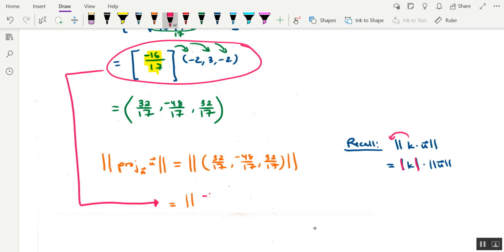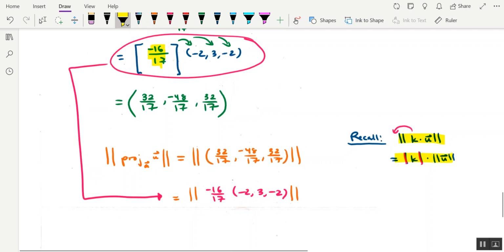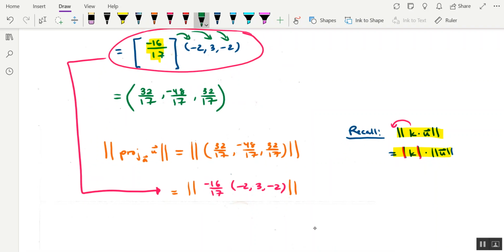So we have negative 16 over 17 times the components negative 2, 3, and negative 2, which would allow us to apply the formula in the recall statement. In other words, we can take negative 16 over 17 out, provided we take the absolute value of it, and multiply that by the norm of the vector with components negative 2, 3, and negative 2, which are the components of A.